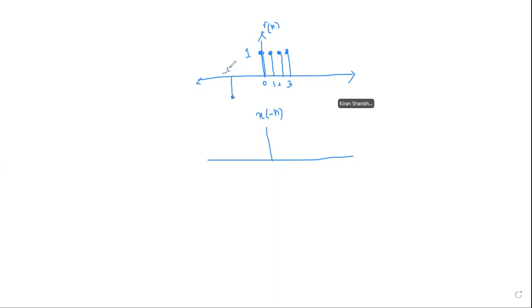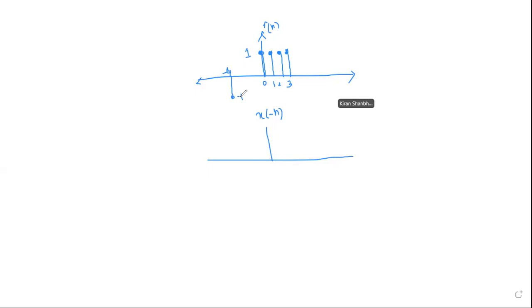Now will somebody describe x of minus n? When I say x of minus n, where does this value go? The value at minus 4 will go to plus 4. What about its amplitude? Its amplitude is not going to change, only its location changes. We will end up getting a mirror image.